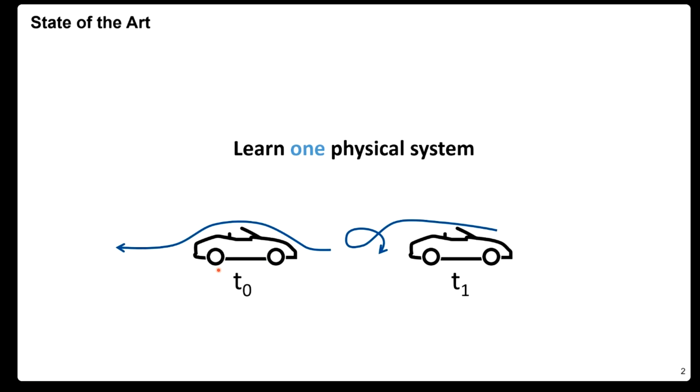Then you do this for hundreds or thousands of time steps, and then you have your simulation basically. This works relatively well. I think it's not ready for commercial applications yet, but it's well established and produces good results.